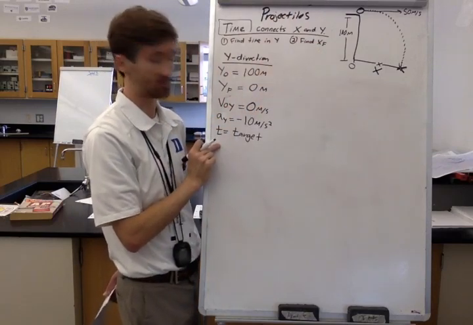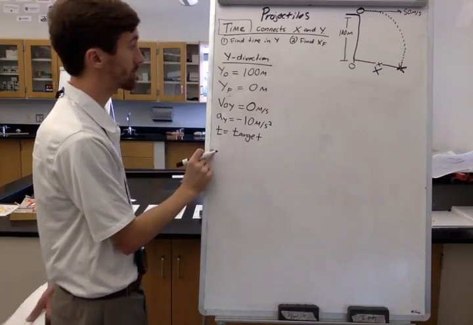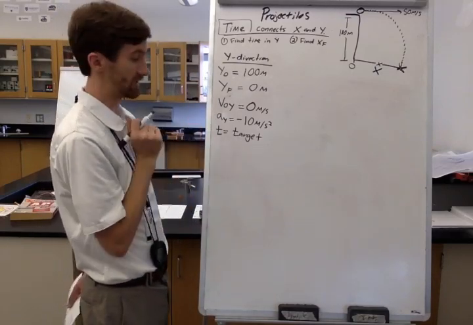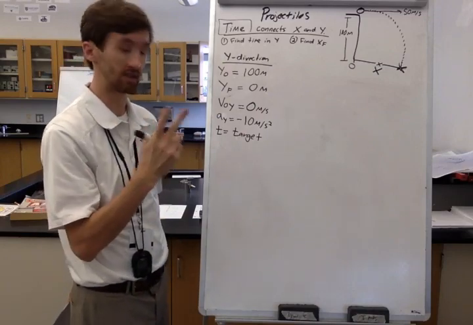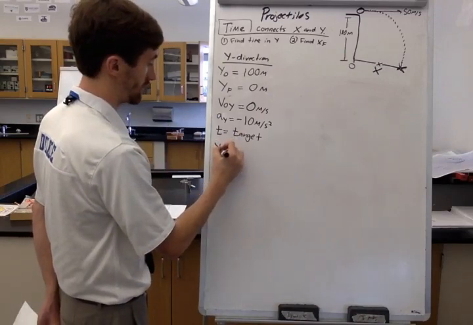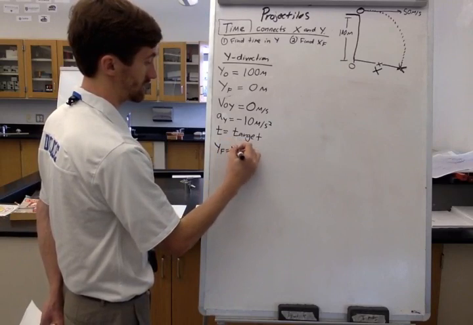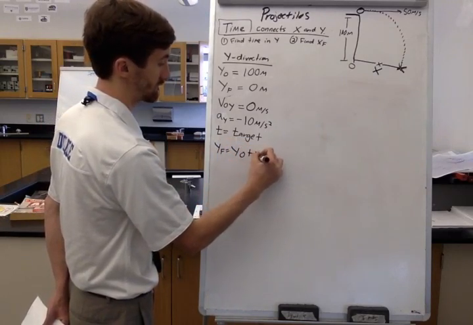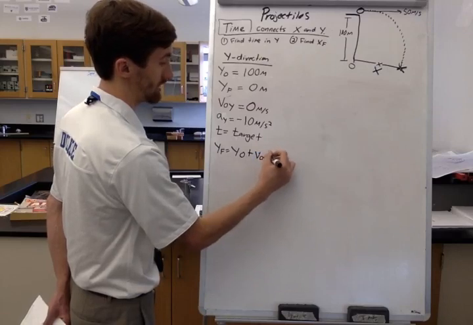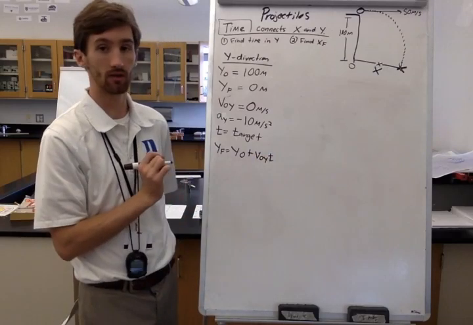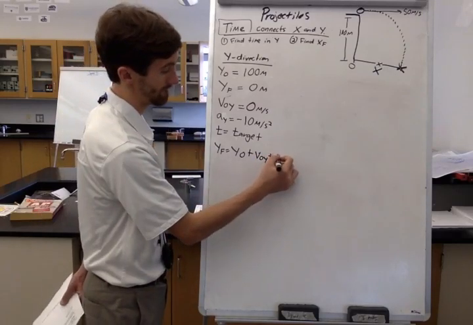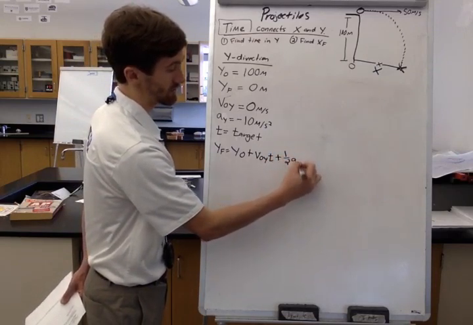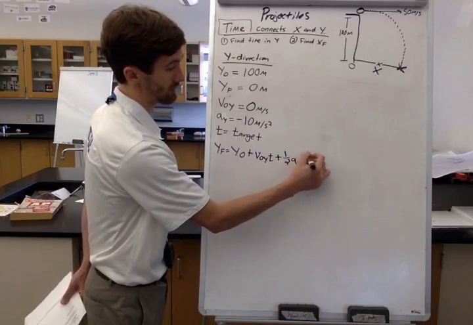So I'm going to look for an equation that has all of my knowns and my target, and I'm going to use our second equation: final position equals starting position plus the initial velocity in the y direction times time plus 1/2 the acceleration in the y direction times time squared.